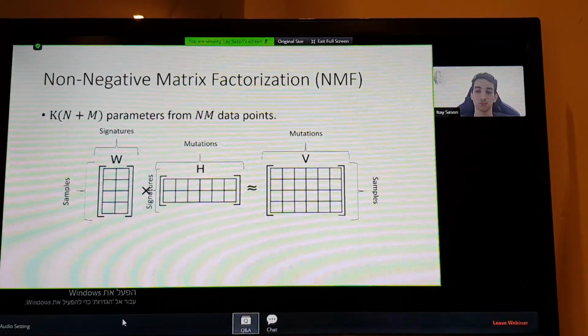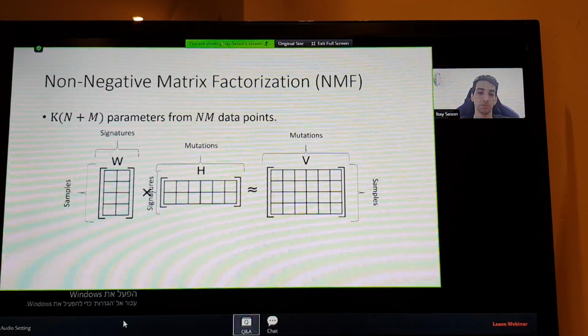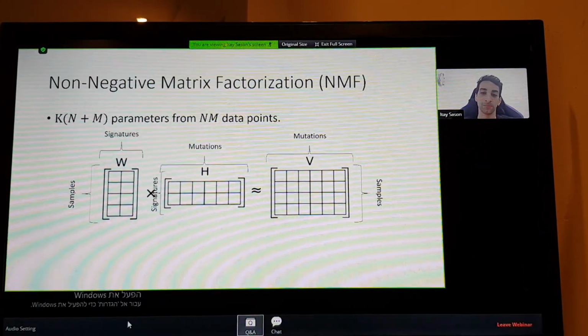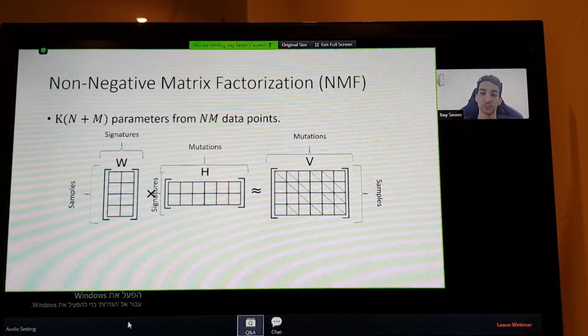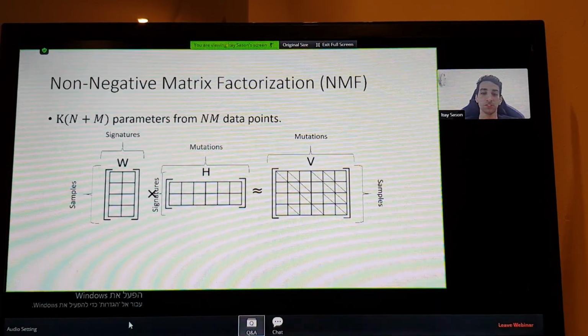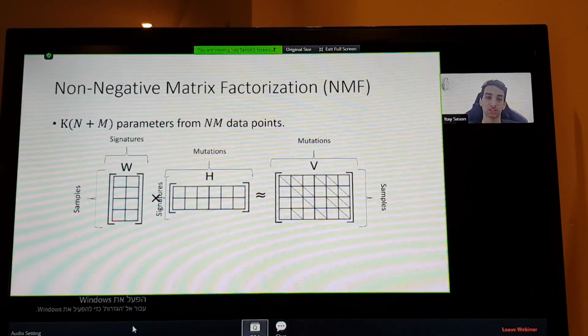In the samples by signatures matrix, also called the exposures, each row i can be viewed as how many times each signature acted on genome i. The data in practice is very sparse, with more than 90% of the cells being empty. So if we use NMF, we will still learn the same number of parameters with only a small fraction of the data.